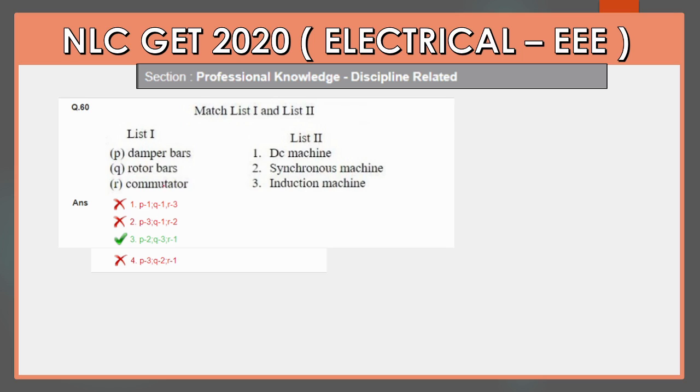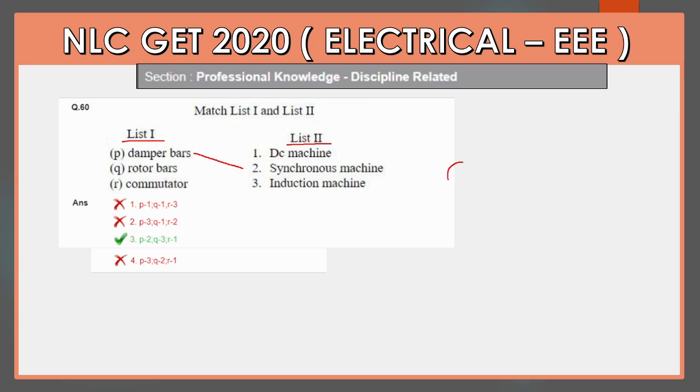Next question, in the list 1 it is given damper bars, rotor bars, commutator, and in list 2 it is given DC machine, synchronous machine, induction machine. So we know that damper bars are in synchronous machine.